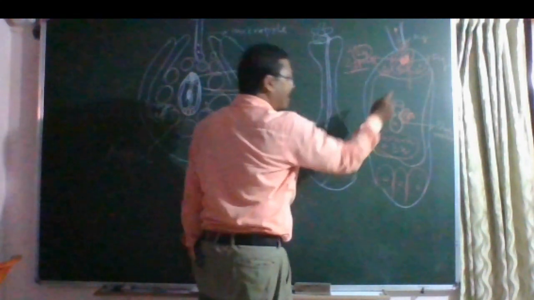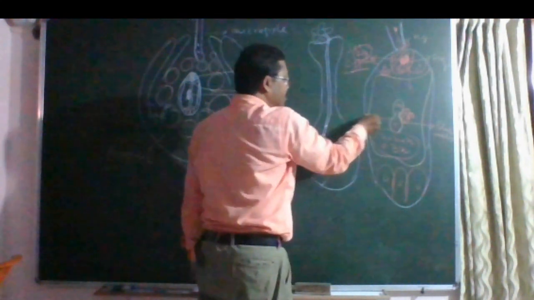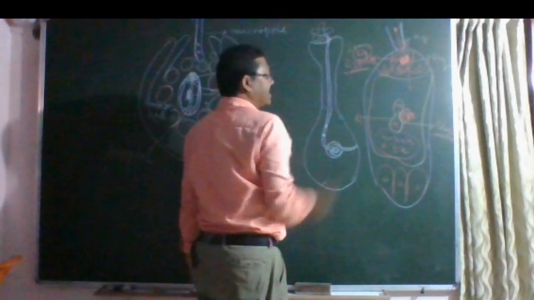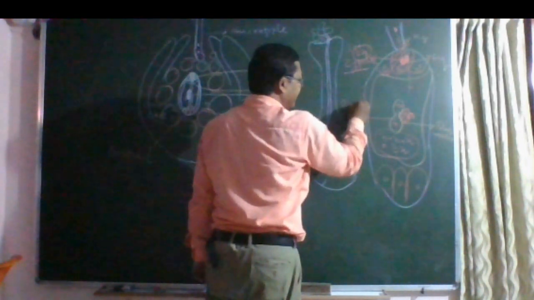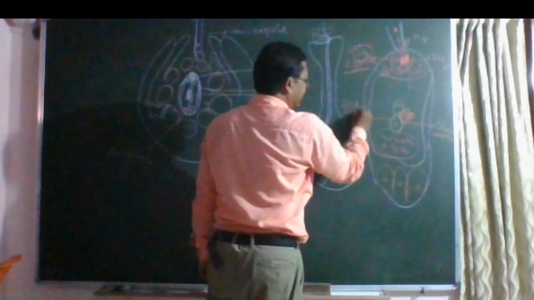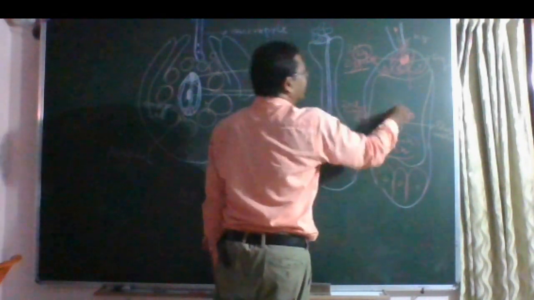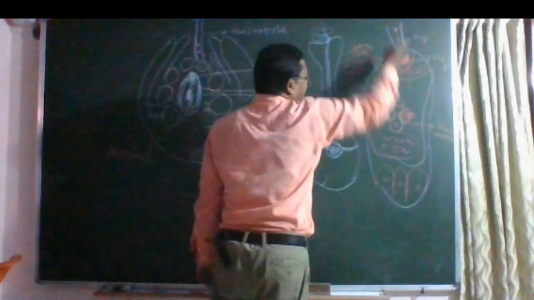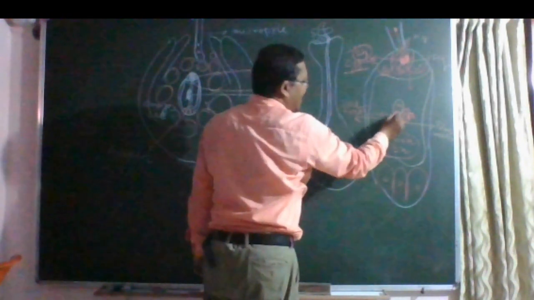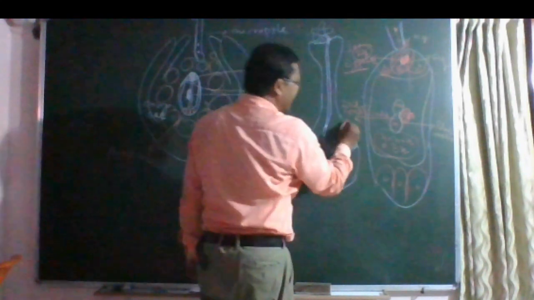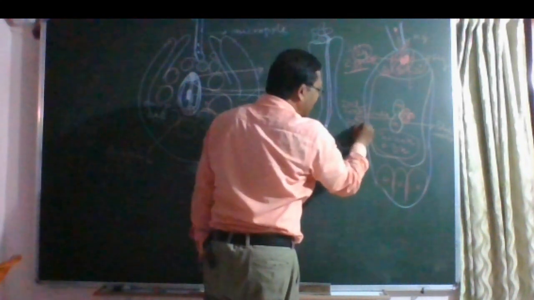This is the second fertilization. One male nucleus fuses with the egg, and the other male nucleus fuses with the polar nucleus, forming a 3N endosperm.